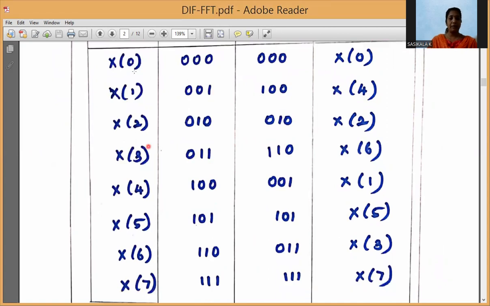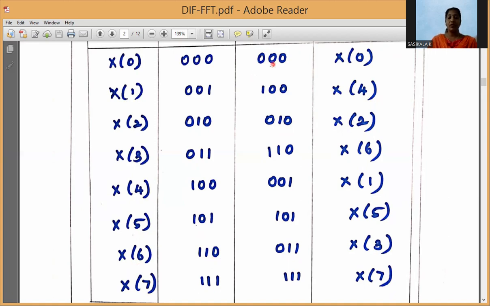So 0 can be expressed as 0, 0, 0 and 1 as 0, 0, 1 and 2 as 0, 1, 0 and 3 as 0, 1, 1 and X of 4 as 1, 0, 0, and X of 5 as 1, 0, 1, and 6 as 1, 1, 0, and 7 as 1, 1, 1.